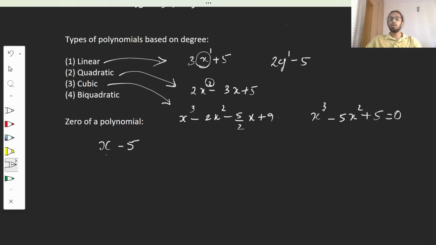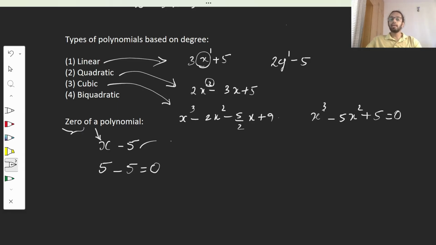Now, for what value of x will this give the answer 0? Yeah, it is 5. So when we put the value of x as 5, then 5 − 5, we will get 0. So zero of a polynomial is basically the root of a polynomial, which also means the value of x that we need to give in order to get the answer as 0.